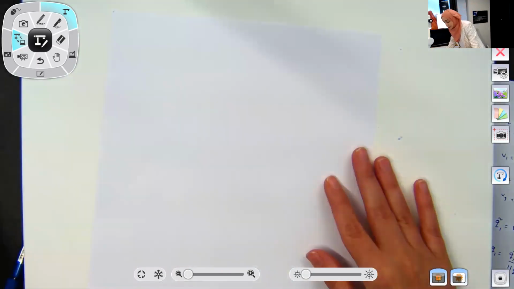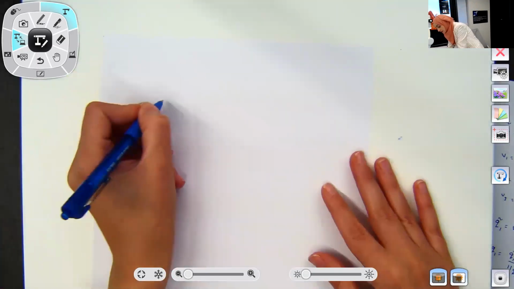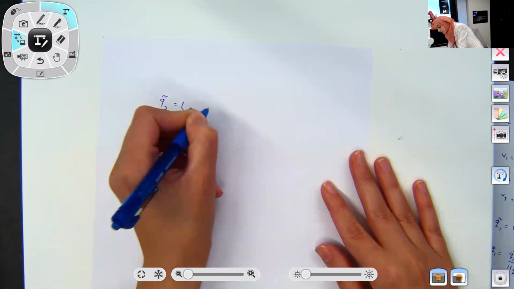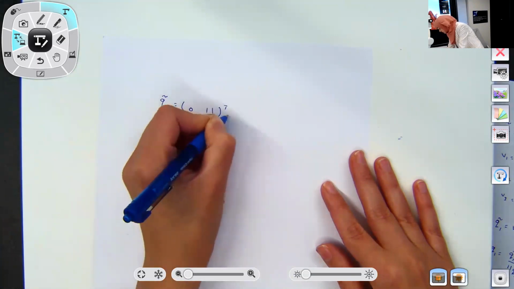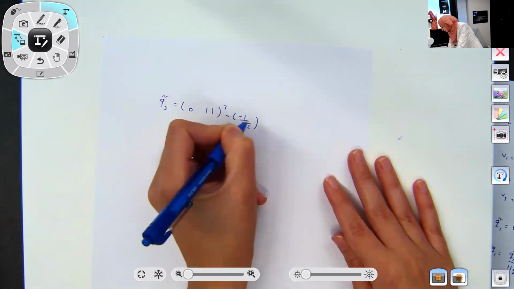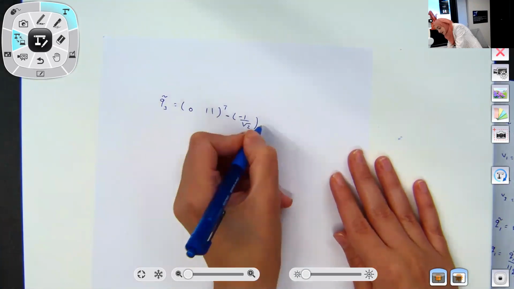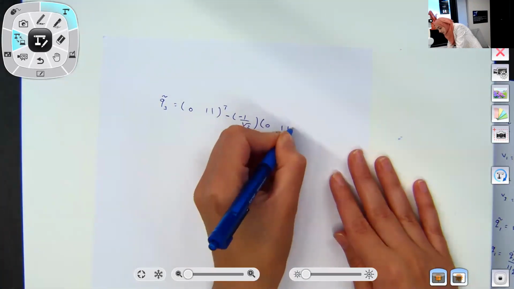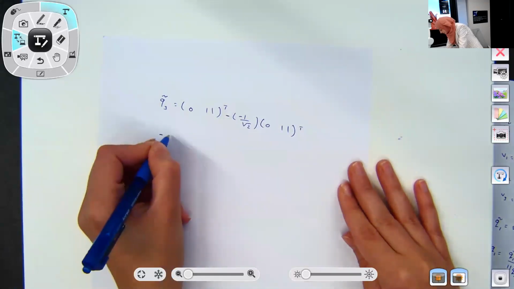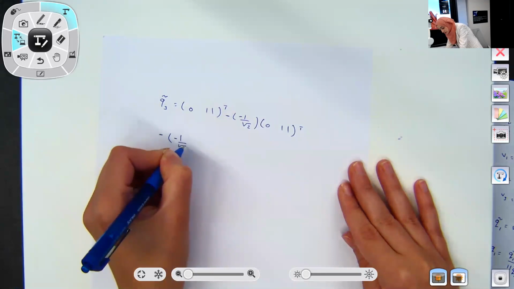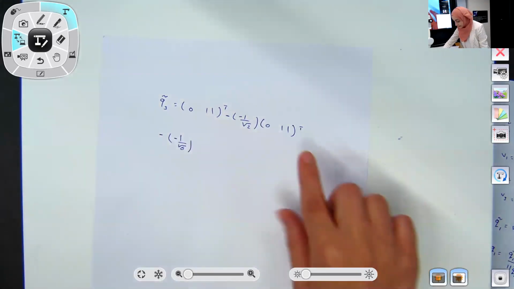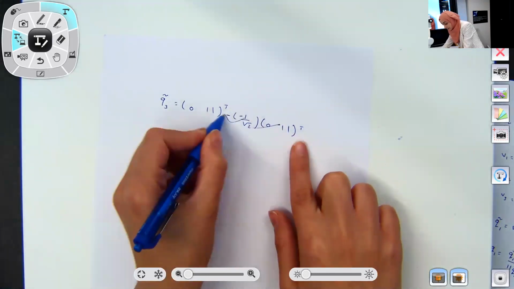So the value of Q3 tilde equals 0, 1, 1 transpose minus 1 over square root of 2 multiplied with 0, 1, and 1 transpose minus 1 over square root of 6 multiplied with... sorry. Okay.